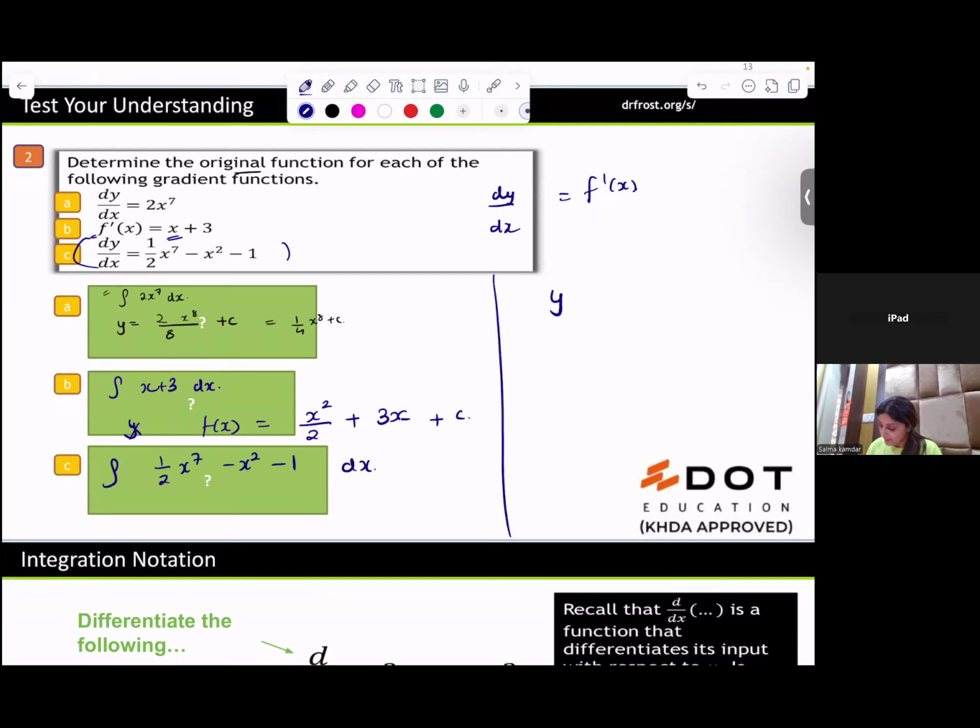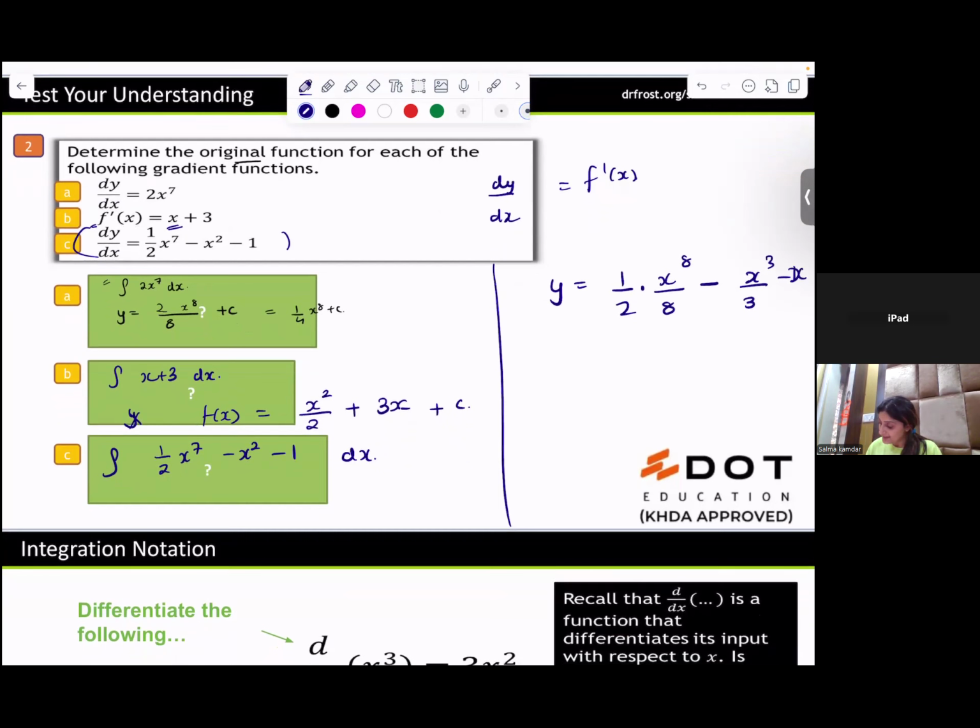So if I'm getting y, add 1 to the power divided by the new power. Again, add 1 to the power divided by the new power, minus x divided by 1, and I will do plus c.